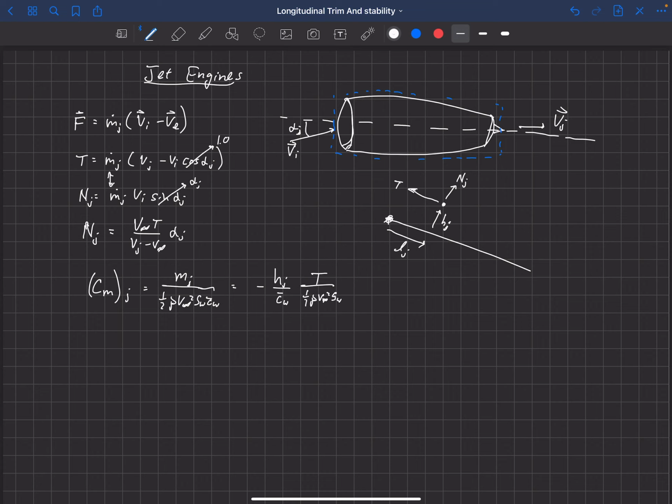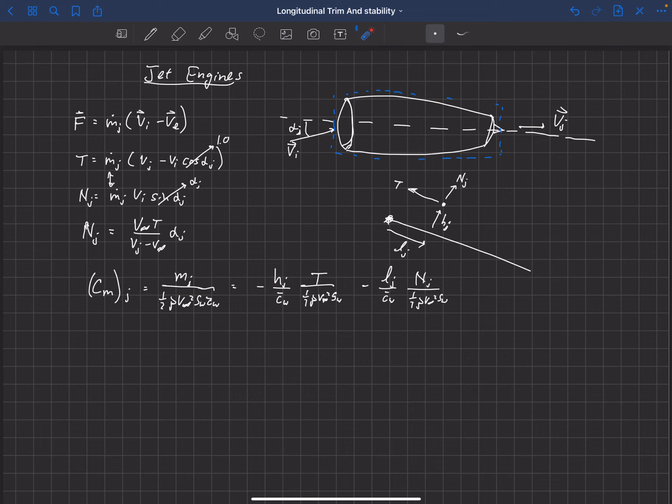That's the thrust times the height, minus Lj over c bar w times the normal force divided by 1/2 rho V infinity squared S_W. Again, I'm just non-dimensionalizing these forces by the force we've used to non-dimensionalize, and the length that we use to non-dimensionalize the moment, I'm linking with the length there. So that's just a preference for how to organize this.